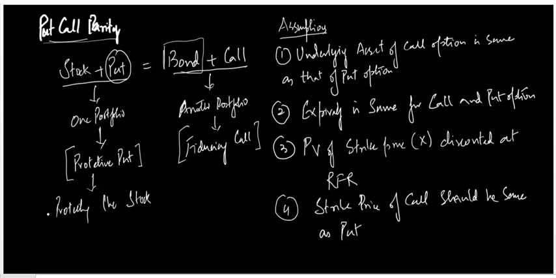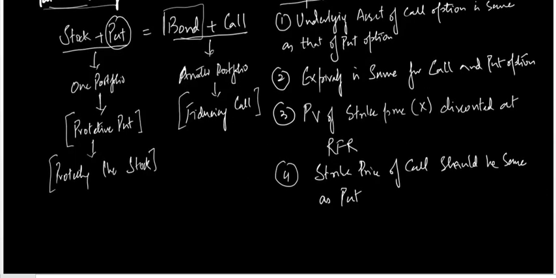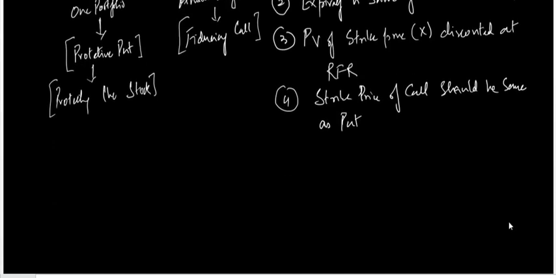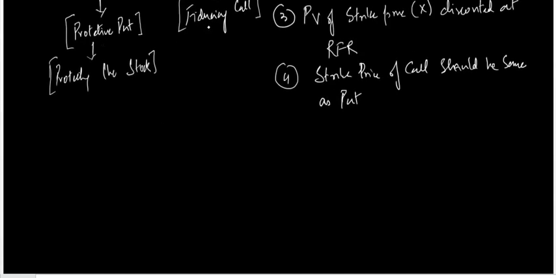So now let us take an example and understand what this put call parity actually means, how it actually operates, and why it is known as protective put, and why it's known as the fiduciary call. Now say for example the price of the stock, I will take certain scenarios.